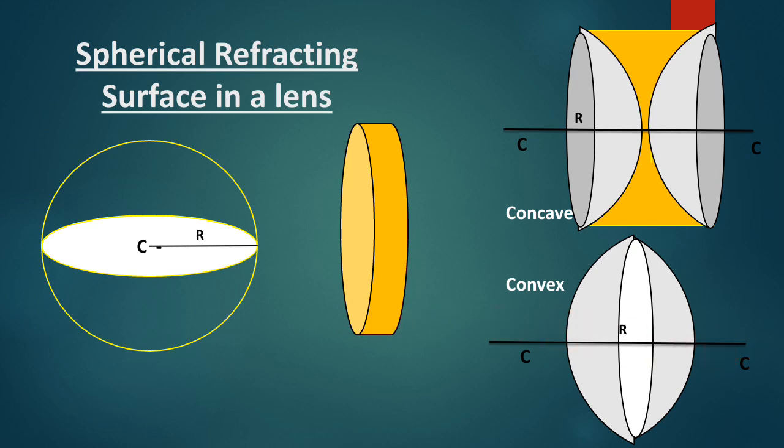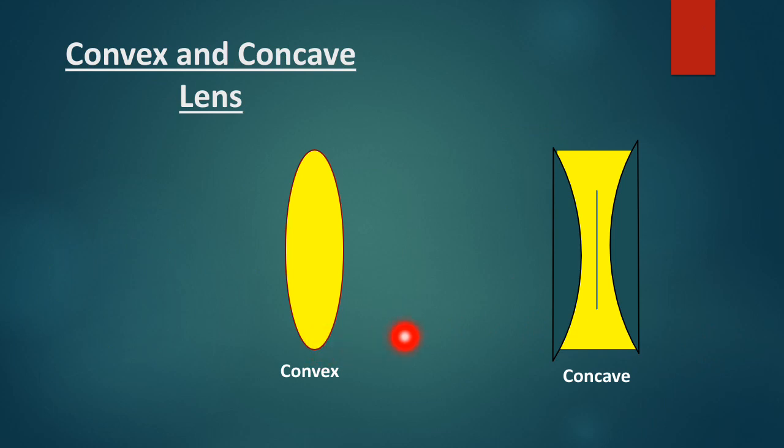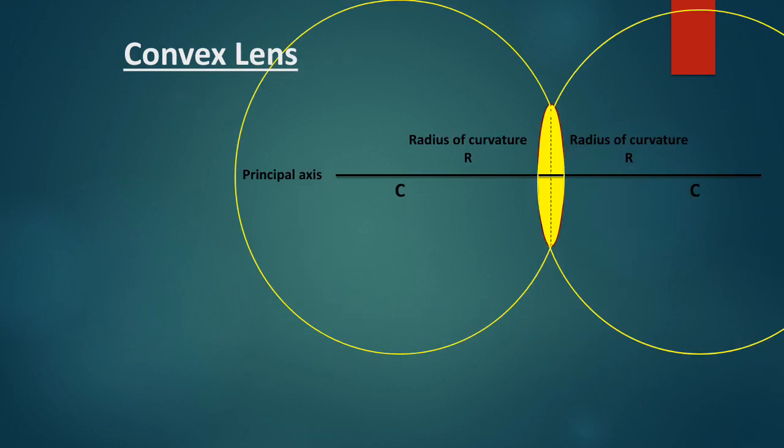Now you see the symbolic diagram of convex and concave lens is like this. Now if you want to know more about the terms related to a convex and concave lens, see, this is a convex lens and we have two surfaces. For this first surface, as it is a spherical refracting surface, we have imagined a sphere, and for that sphere we have a center.